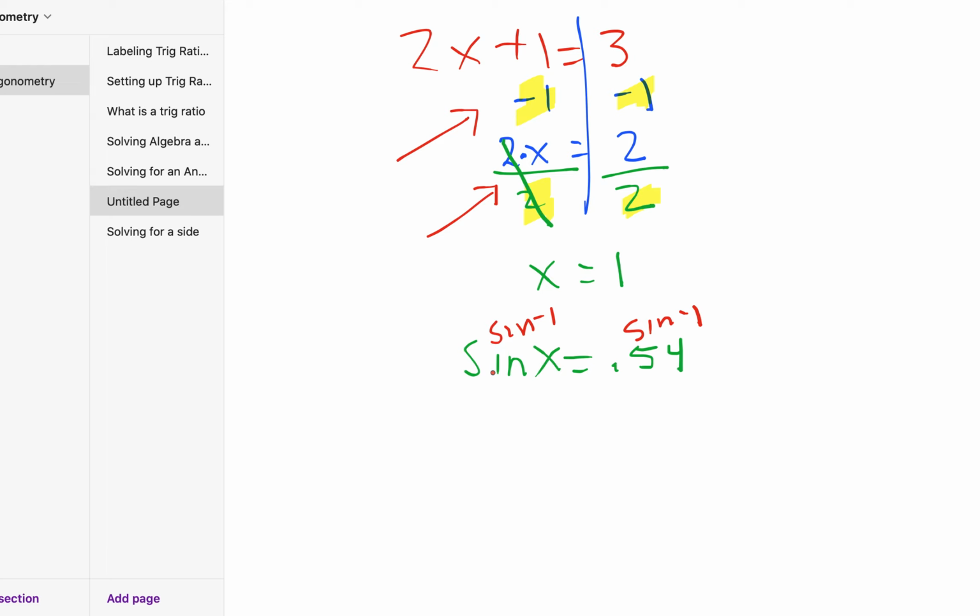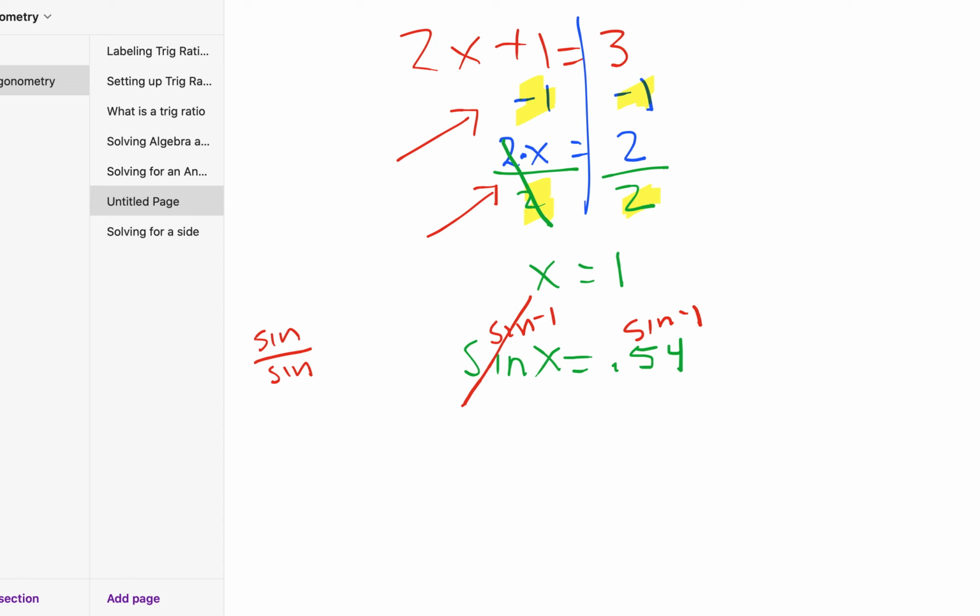So again, the reason we do these things is to get them canceled out, so x can be by itself. So here we cancel out sine and inverse sine, because sine times inverse sine is 1, just like it'd be sine times 1 over sine.